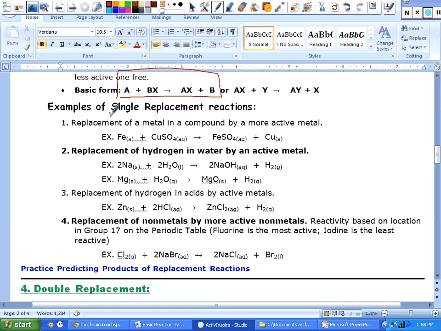Yes, because the only way we can know is what element it is. It'd have to be listed. If it was a metal, you would know. If it's a non-metal, you'd know. But since it's already finished, who did A swap places with? B. Notice this. Now B is out by itself. So how can we tell if A was a metal or a non-metal? How can you tell?